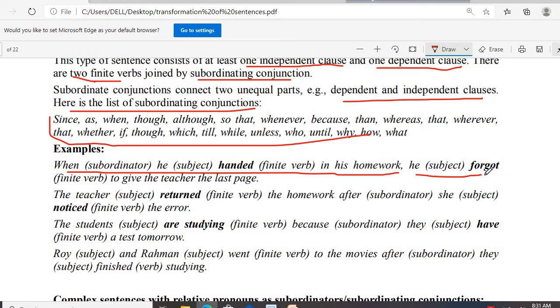He forgot to give the teacher the last page, this is the principal clause. So one subordinate clause and one principal clause have been joined together with the subordinating conjunction when, and that's why this is a complex sentence.